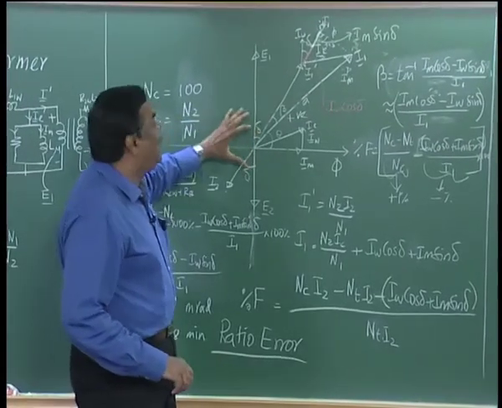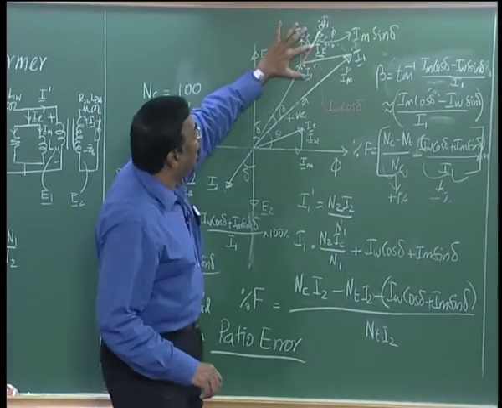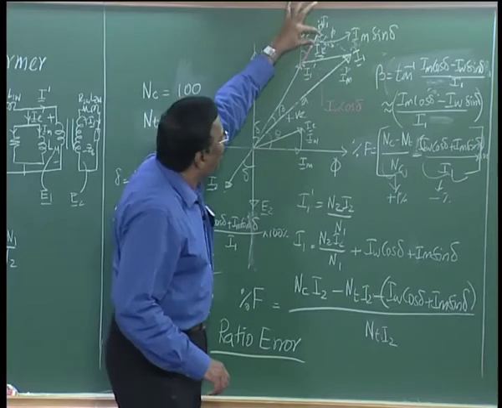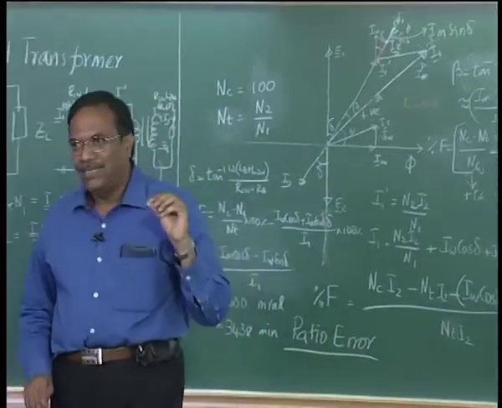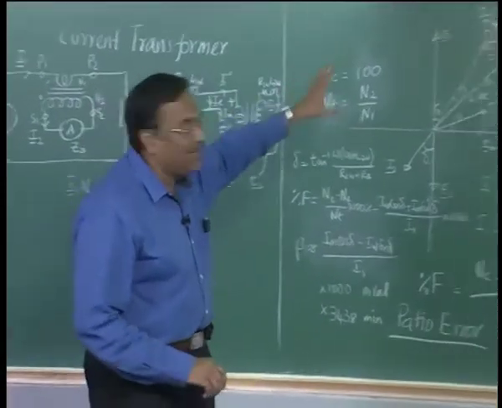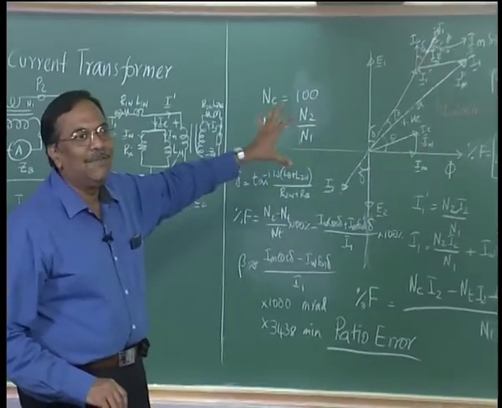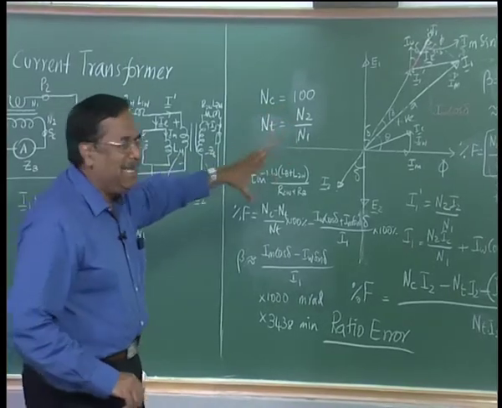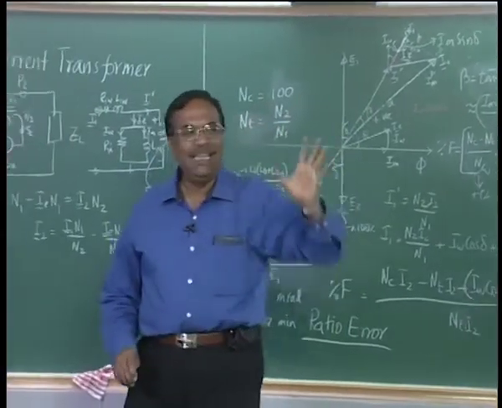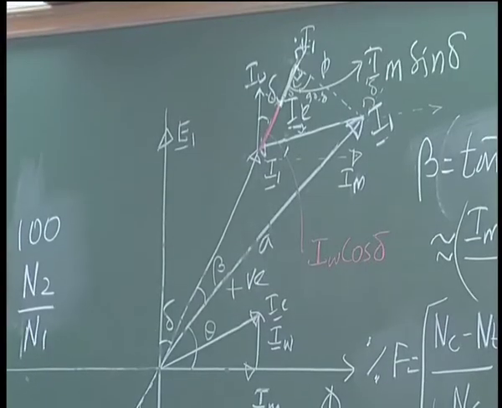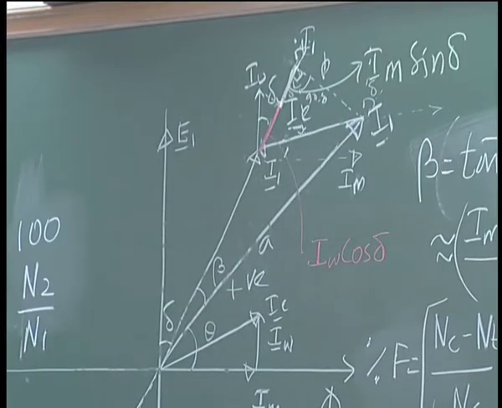If I had drawn it to scale, this would be 99 times and this would be 100th. It will be very, very small. Please do not get misguided by this phasor diagram. This phasor diagram is not drawn to scale. Generally I1 prime would be very, very large compared to either IE or IW or IM. Okay.